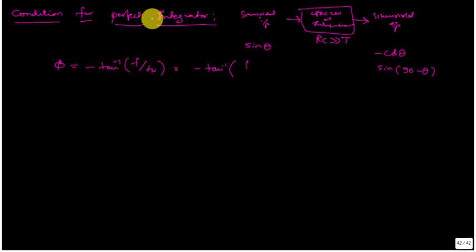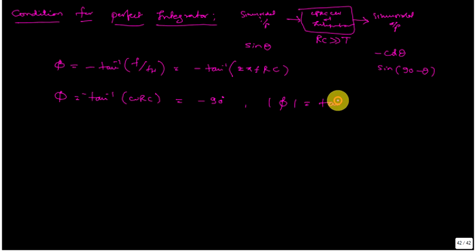Finally, that becomes 2 pi f RC in the numerator. So phi is equal to minus tan inverse of omega RC. This must be equal to minus 90 degrees. The minus signs cancel, so the maximum phase should be equal to 90 degrees, and the value of tan inverse omega RC should be 90 degrees.